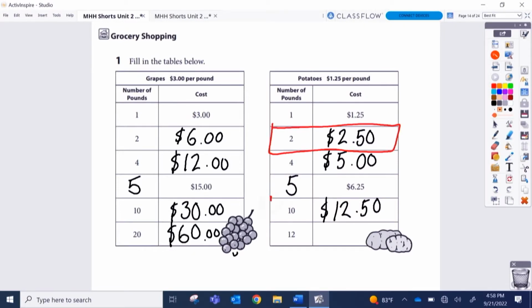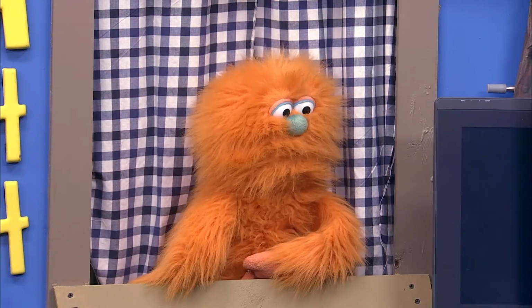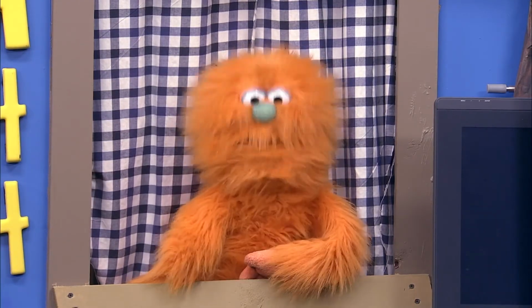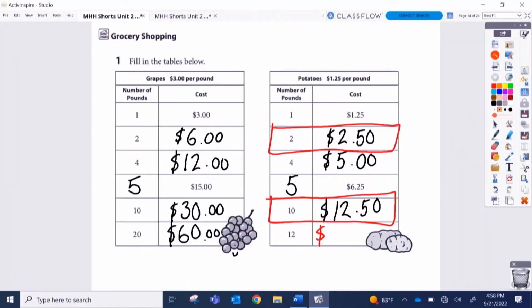So all we have to add is $12.50 to $2.50. And we know that that would be $14, but because we have those 50 cents, it's going to make another $1, which would bring us to $15 for the potatoes. $15 for 12 pounds of potatoes.